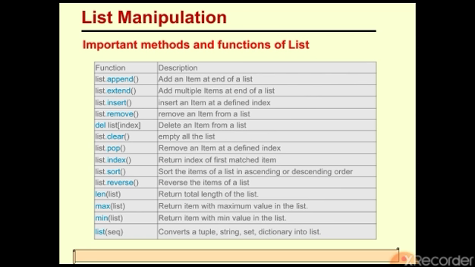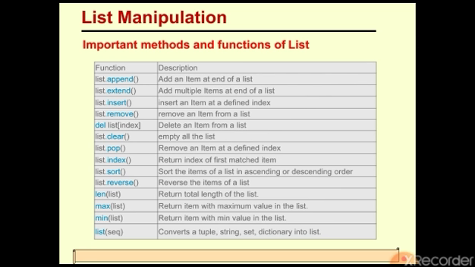Now list.index will return the index of the first matched item. First matched item means what? Here we specify the item which we want to match in the list, to see whether that particular item is present in the list or not. We pass that item within the index function. It will search for the occurrence of that item in the list, and for the first occurrence or first match of the item, it will return the index of that first occurrence.